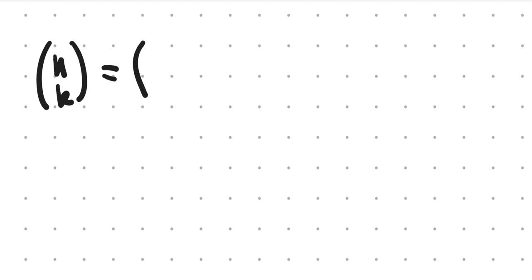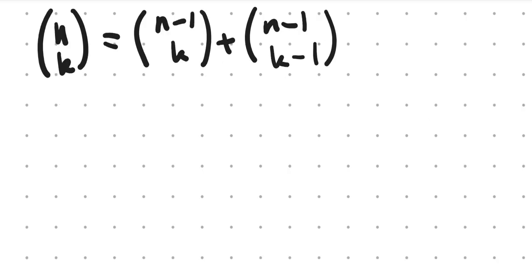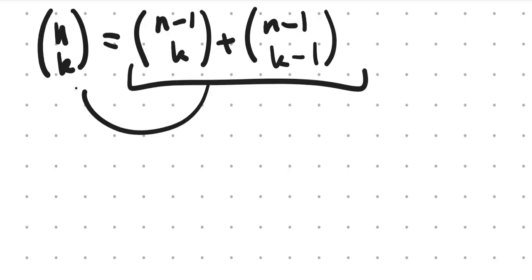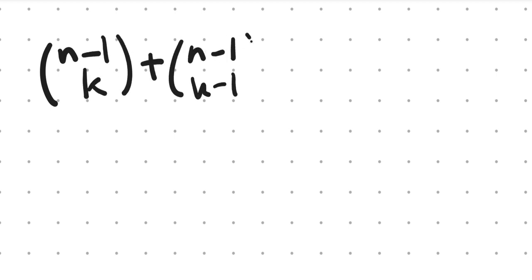Now let's try and prove the other equivalence, stating that n choose k is equal to n minus 1 choose k plus n minus 1 choose k minus 1. Let's start from the right side and get to n choose k, because if we get to this, we know that this is also equal to it. So what is n minus 1 choose k plus n minus 1 choose k minus 1?